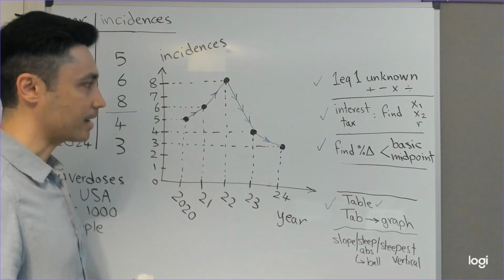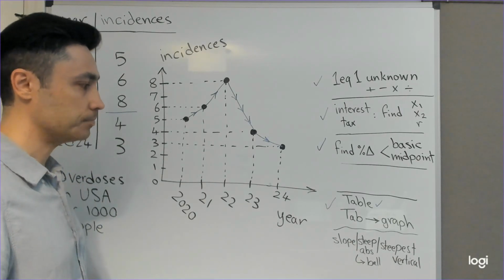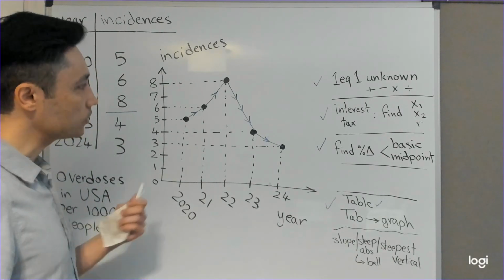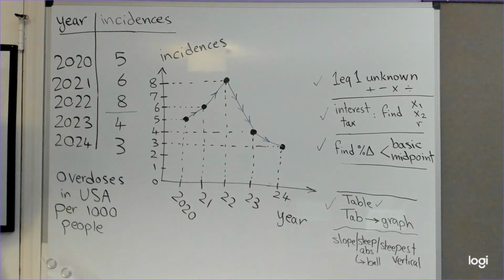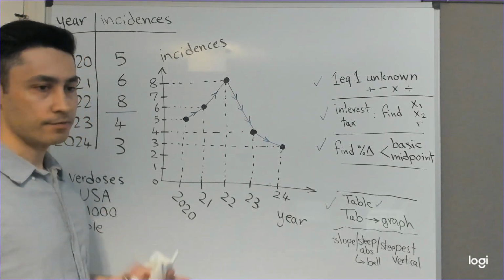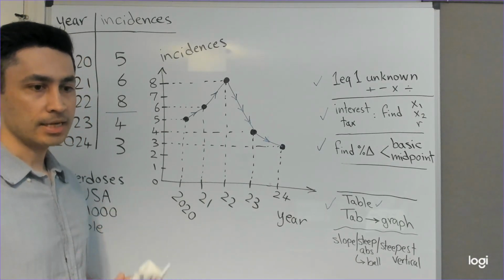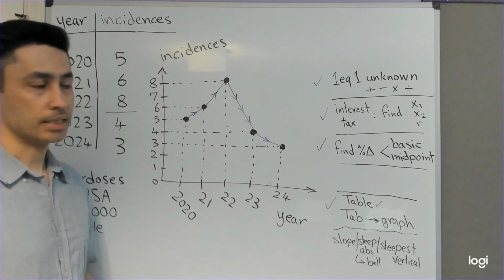What I want to clarify here is the distinction between slope and steepness, or being steep. Slopes can be positive, slopes can be negative, they can be large, they can be small. Whatever you do for slopes, if you take the absolute value of the slope, you're talking about the steepness.